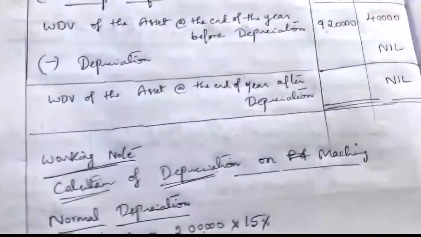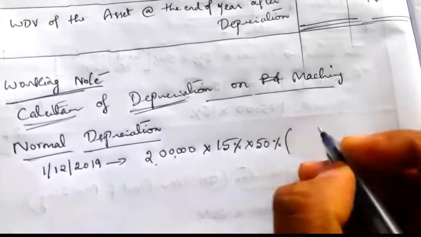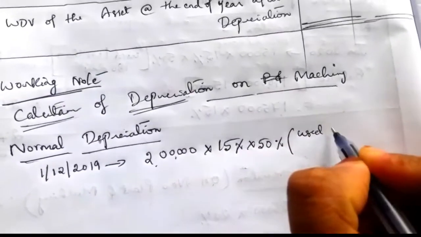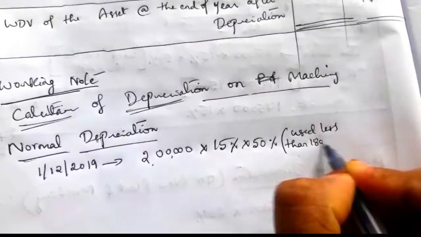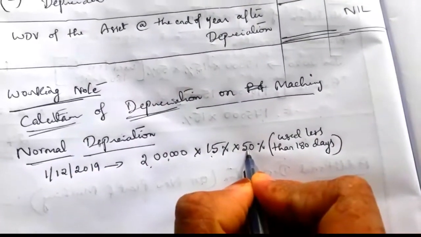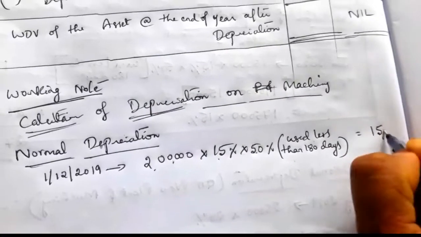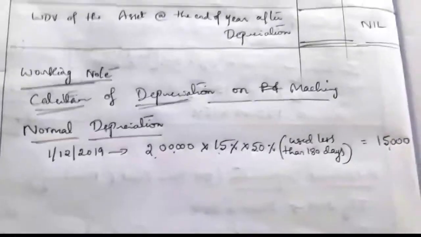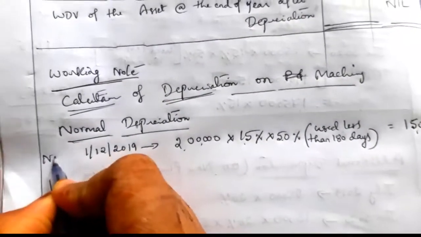So 15% into 50%, because it is used less than 180 days. So 2 lakh into 15% into 50% is equal to 15,000. This is the new machinery.